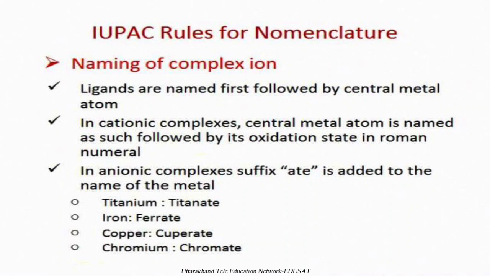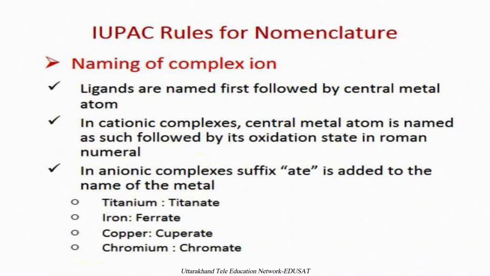In cationic complexes, the central metal atom is named as such, followed by its oxidation number in Roman numerals in a small parenthesis. In anionic complexes, the suffix -ate is used for the name of the metal.